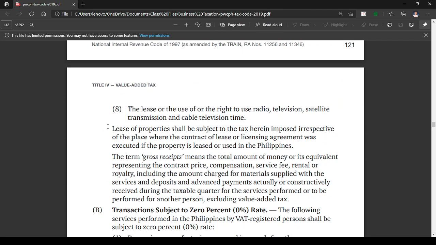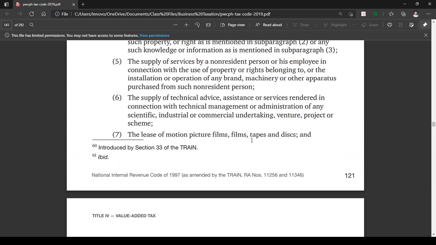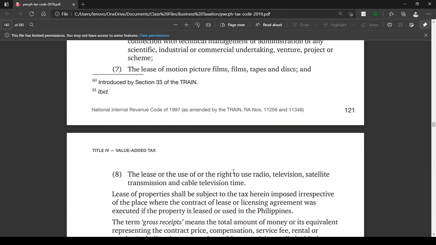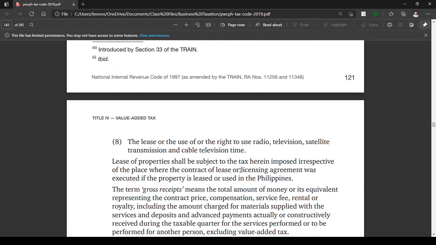Okay, so lease of property shall be subject to tax herein imposed irrespective of the place where the contract of lease or licensing agreement was executed if the property is leased or used in the Philippines. So for example, dito na lang.